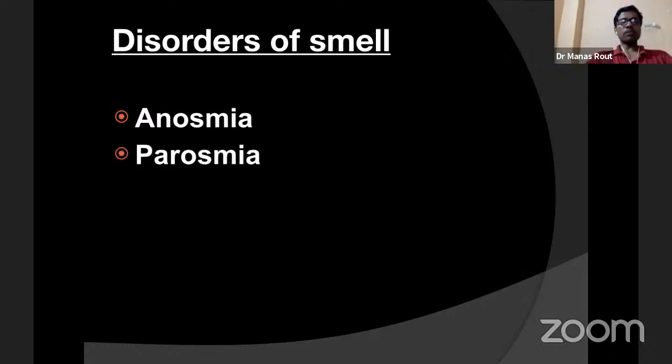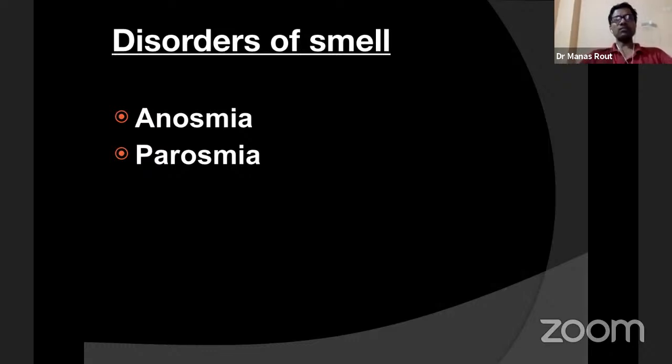Another condition is called parosmia. Parosmia means perverted sense of smell. If you give the patient some flower, he will taste it as some fruit or something else. So there is a difference in the sense of smell. That is called parosmia. Another term is cacosmia. Cacosmia means perceiving a bad smell.